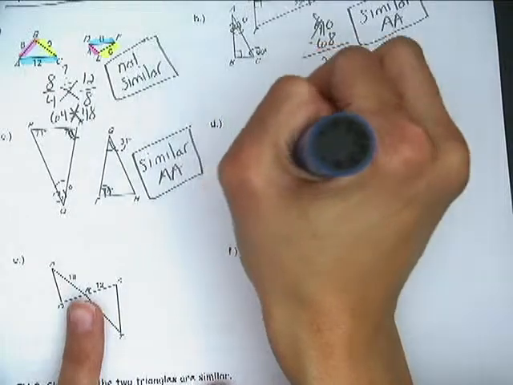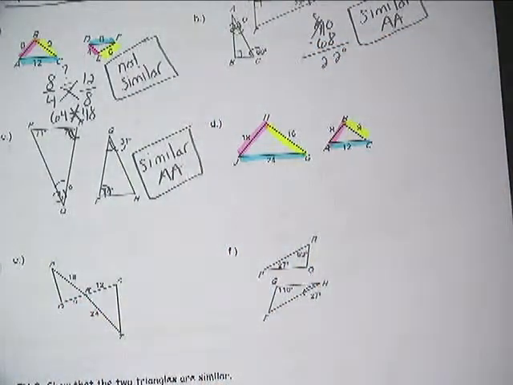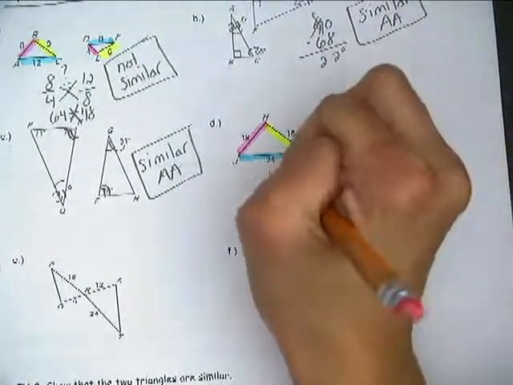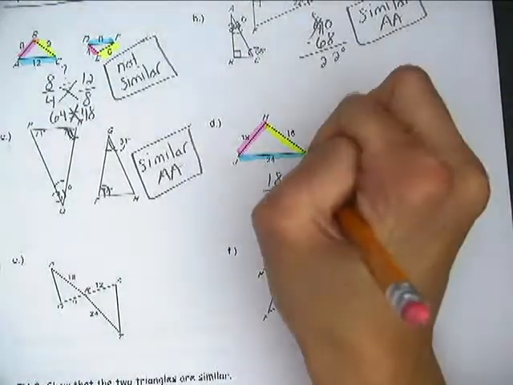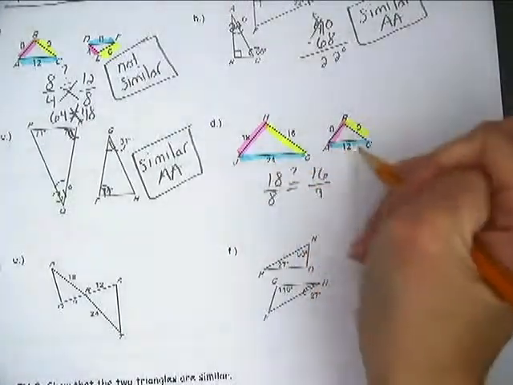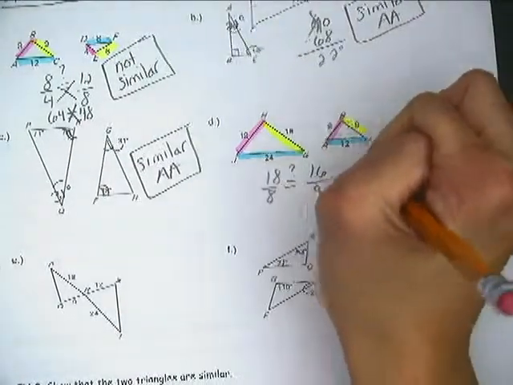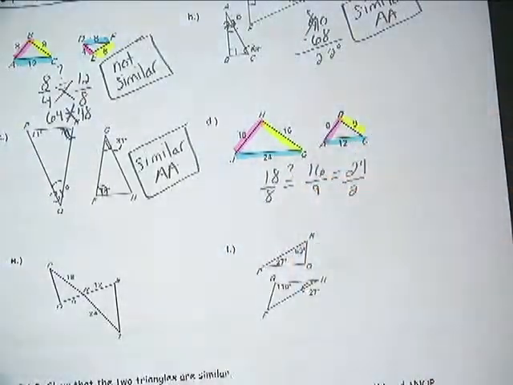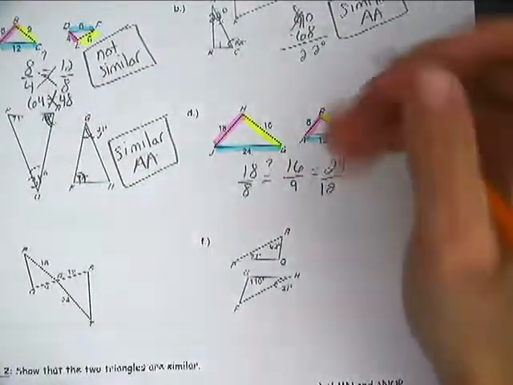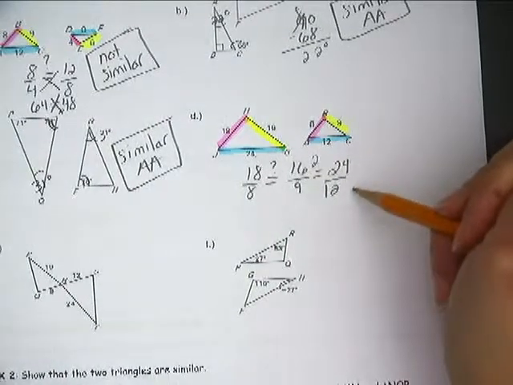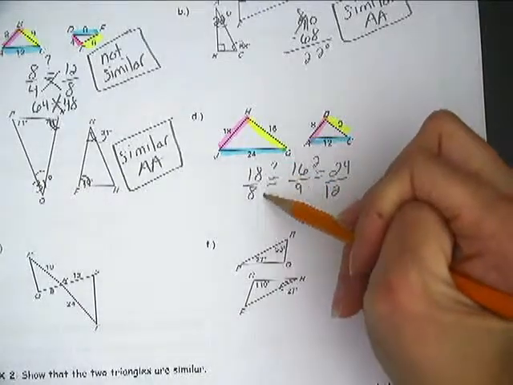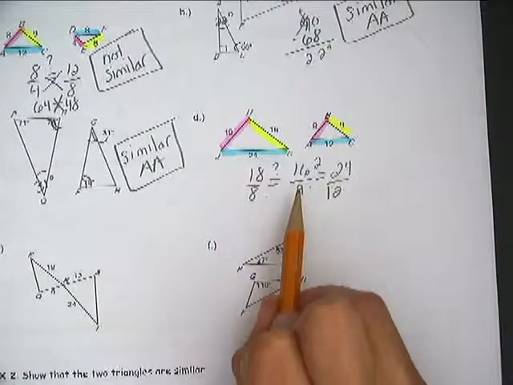On this next one, I have 3 side lengths given, so I need to check if they're proportional to each other. So I like to highlight corresponding sides. So 18 over 8, is that equal to or proportional to 16 over 9? And then we need to do the same thing with 24 over 12.